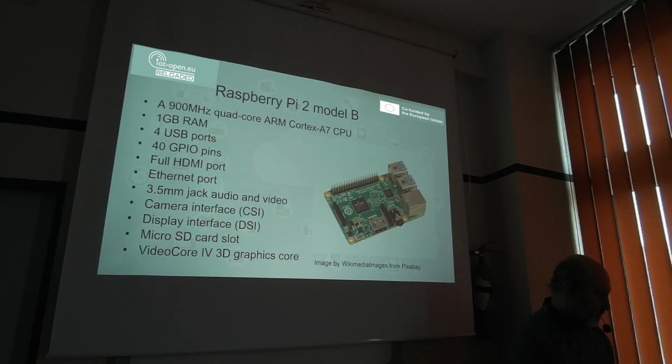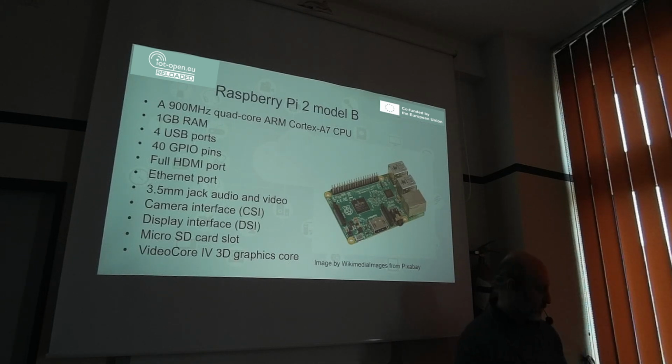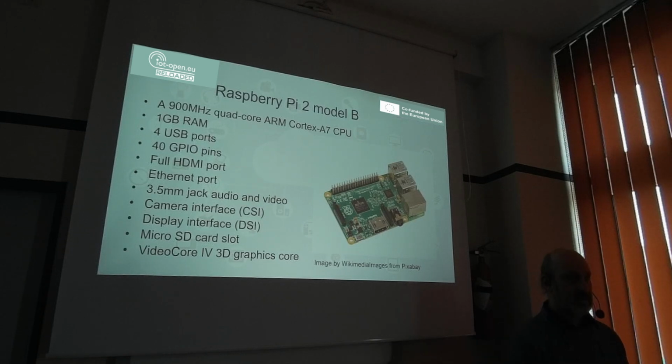Raspberry Pi version 2 is based on an ARM processor clocked at 900 megahertz, a quad-core processor, so quite powerful. 1 gigabyte of RAM, 4 USB ports. It has a header with connections to GPIO ports, so we can control some elements directly from it.